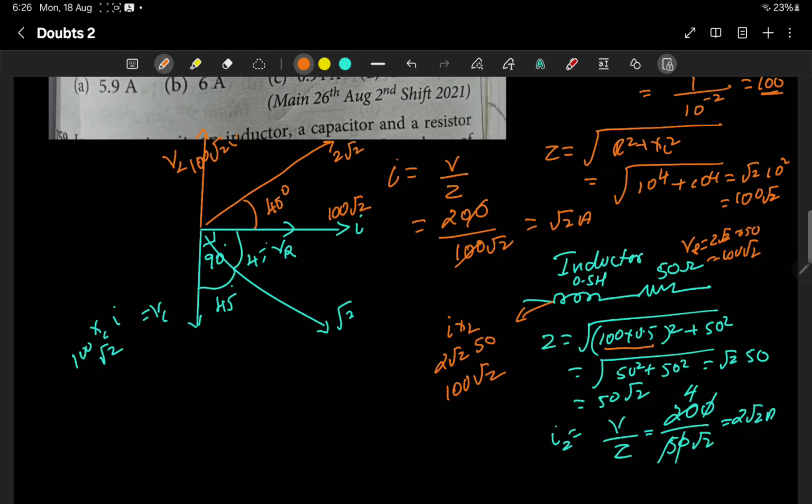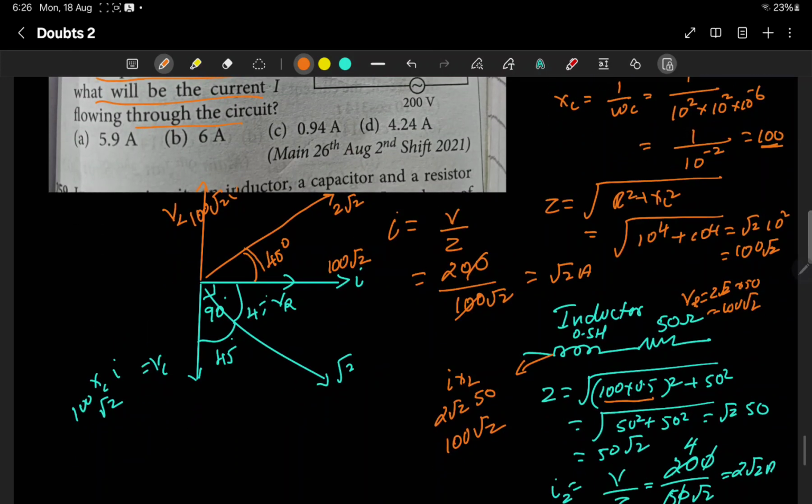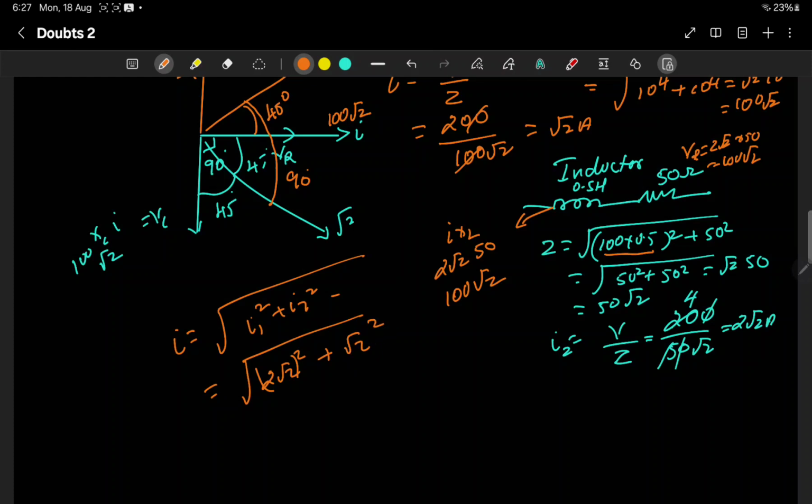So now if you find the resultant of these two currents, here the angle between them is 90 degrees. So your total current flowing in the circuit is the root of I1 square plus I2 square, since cos 90 becomes 0. So this is the root of 2 root 2 whole square plus root 2 whole square.